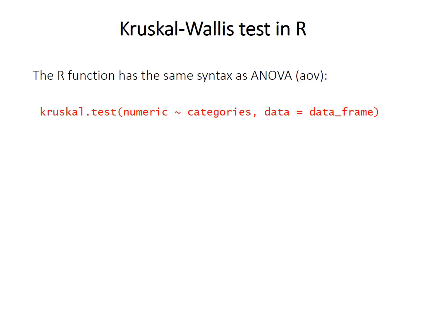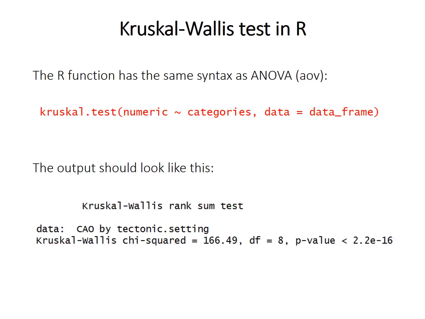And just the column names are required here. You don't need a dollar sign or anything like that, because you can specify the data frame name with the data equals part of the function call. So the output will give you the H statistic, which is called the Kruskal-Wallis chi-squared here. It gives you the degrees of freedom, and it gives you the p-value.